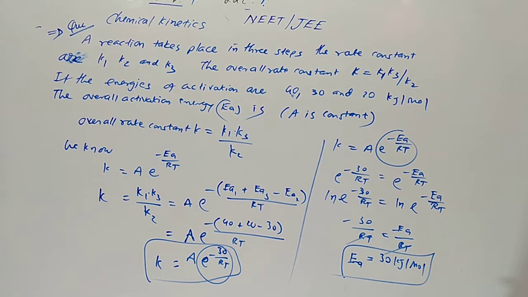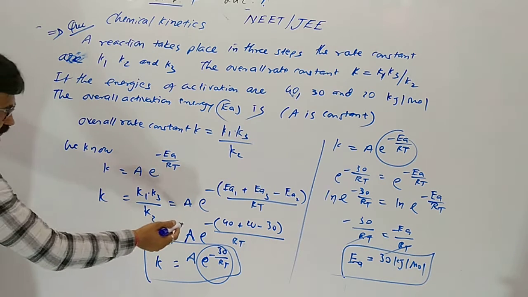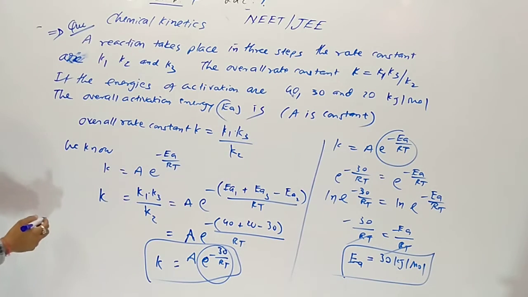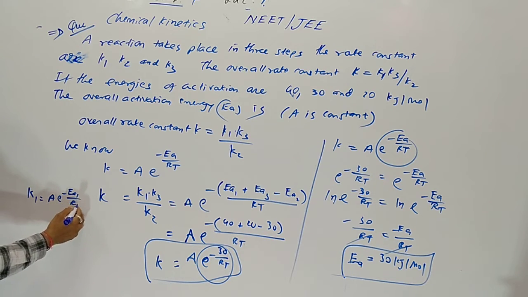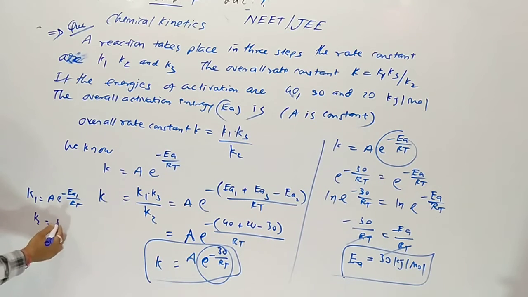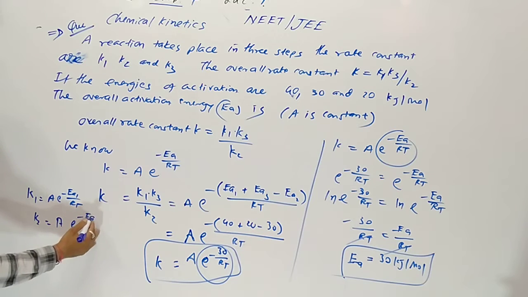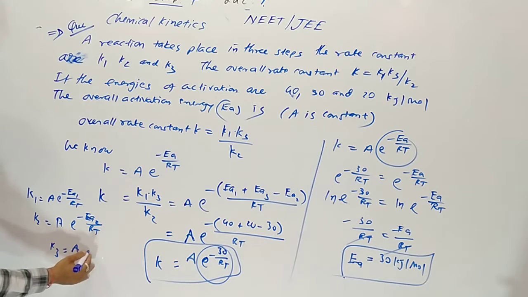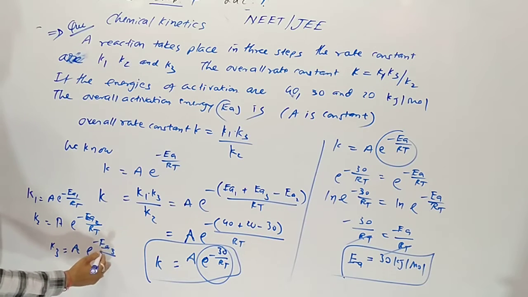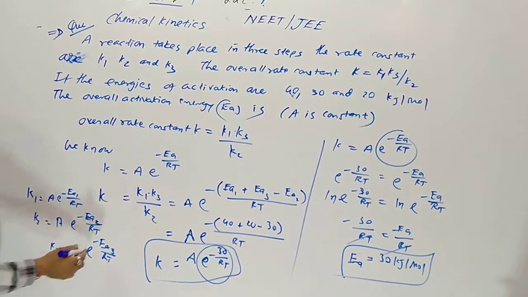Now for a gaseous reaction, we are going to the gaseous reaction. This one means first we have to take K1 equals A e raised to minus EA1 upon RT, K2 equals A e raised to minus EA2 upon RT, then K3 equals A e raised to minus EA3 upon RT, and put down here.